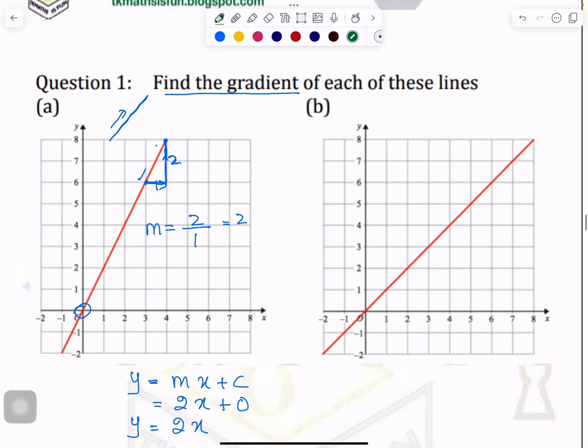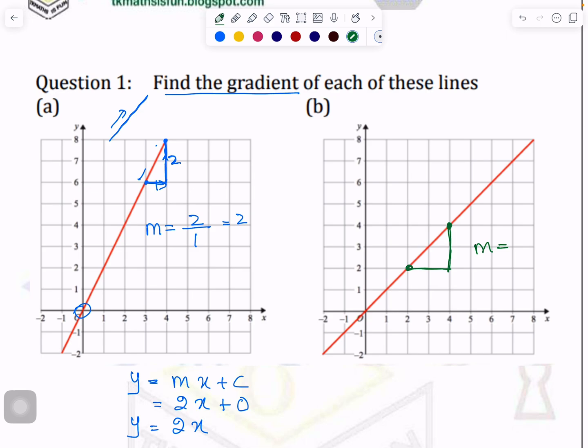Let's see B. Let's pick any 2 points on this line. Suppose I'm picking this point and this point. You can take any 2 points. A straight line always has the same gradient. Now if I make a triangle here, rise is 2 units, run is 2 units.